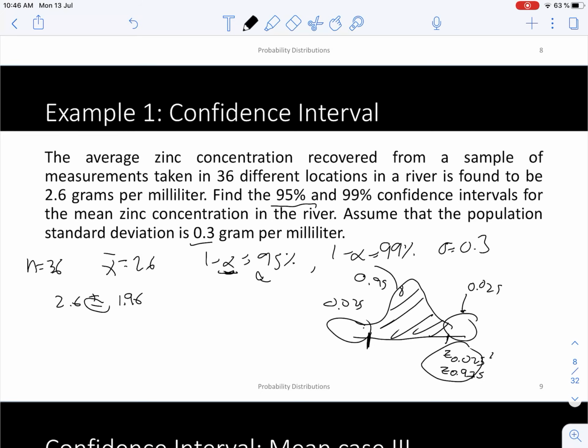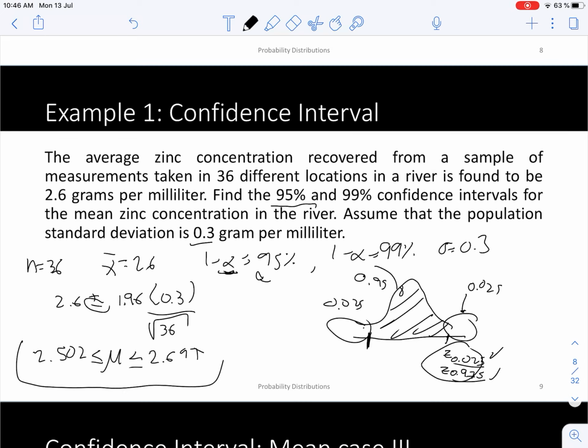If we go to your tables and find z for these areas, either to the right or to the left, you will get the 1.96 times the standard deviation, that's the 0.3, over the square root of n. So we can compute these values, and we will get that the lower limit in this case is 2.502, and the upper limit is 2.697.